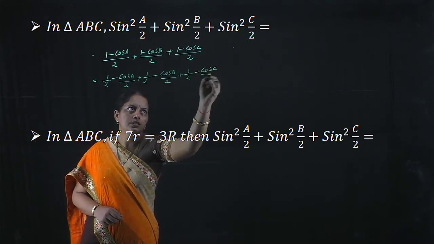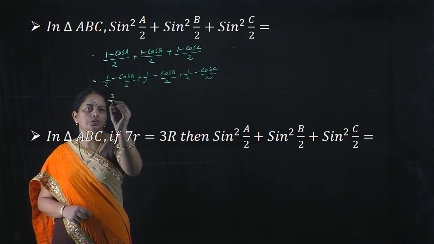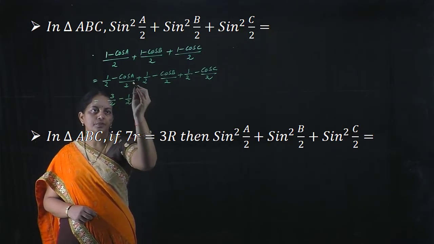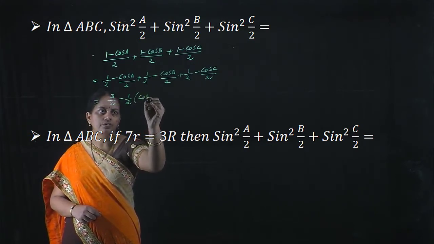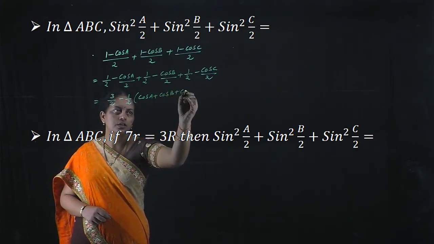Okay, this is equal to 1 by 2 plus 1 by 2 plus 1 by 2, that is 3 by 2, and taking minus 1 by 2 as common from the remaining 3 terms, we get minus 1 by 2 times (cos A plus cos B plus cos C).